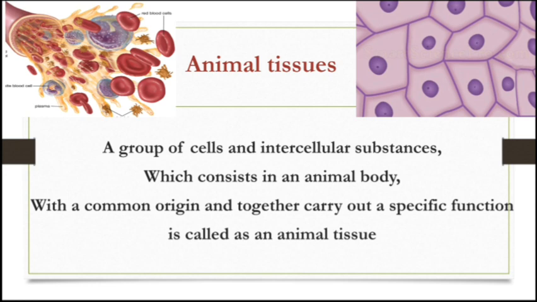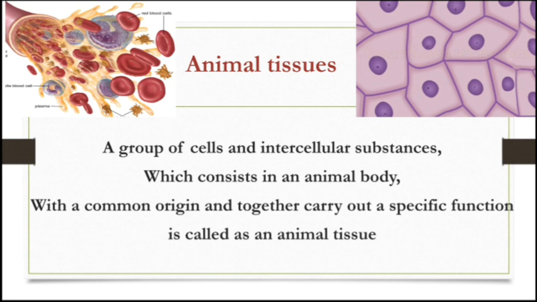With a common origin. What's the meaning of that? Sometimes you will know that the 16 days old embryo has divided into three germinal layers: endodermic, ectodermic and mesodermic. I will discuss that origin, the germinal layers, later in this lesson.